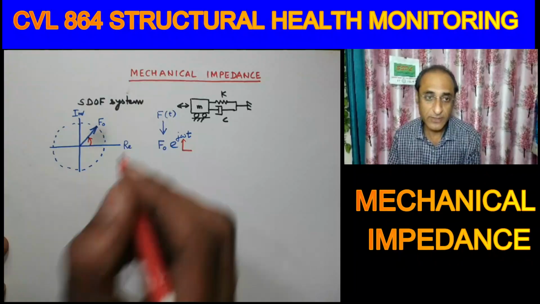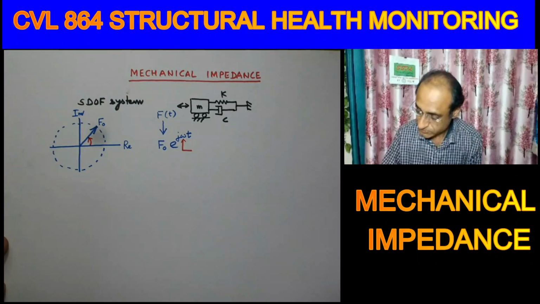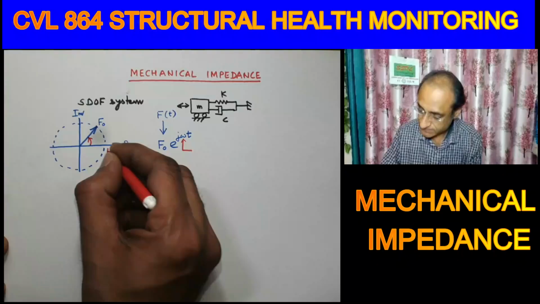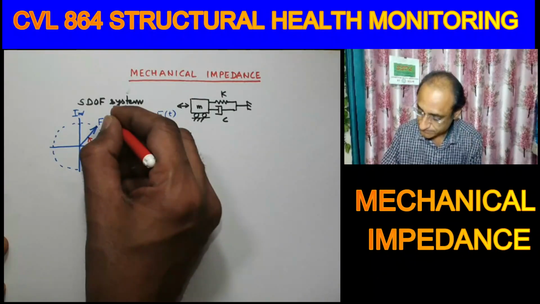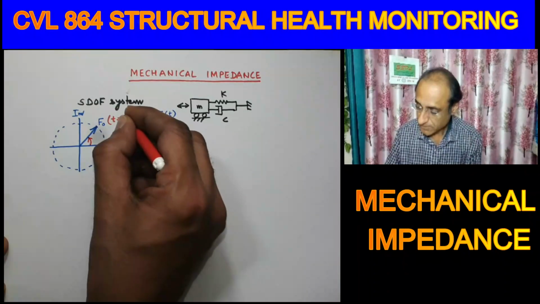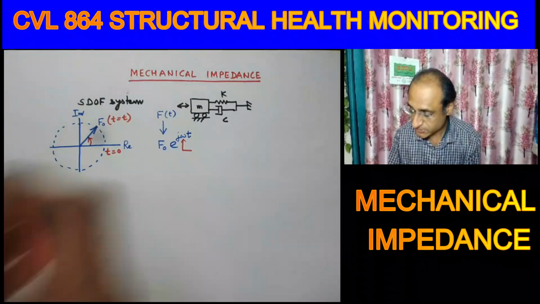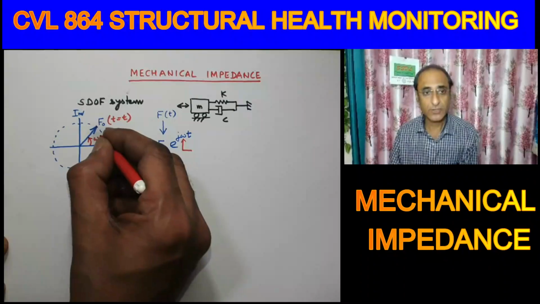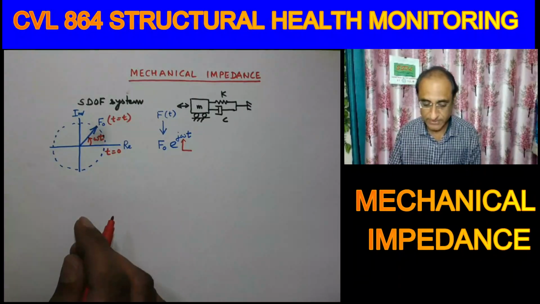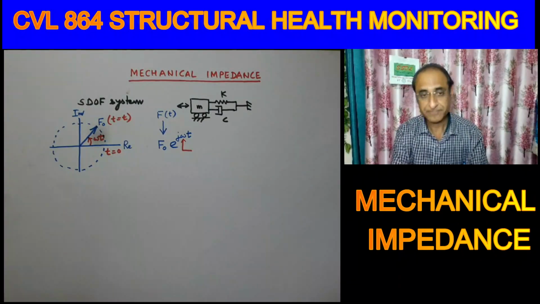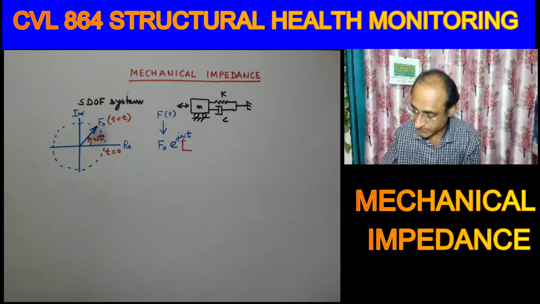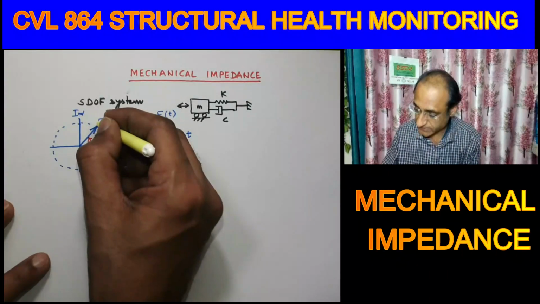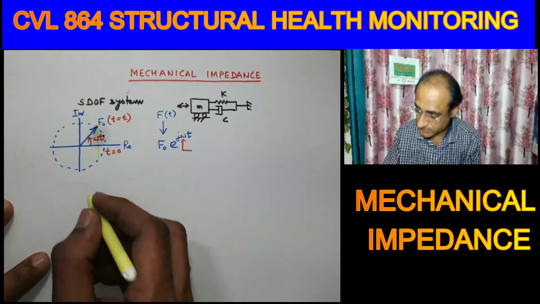At a given time this force was here, and at a later time the force vector is positioned here. So this angle is omega t. This vector has two components, one in the real plane and the other in the imaginary plane.